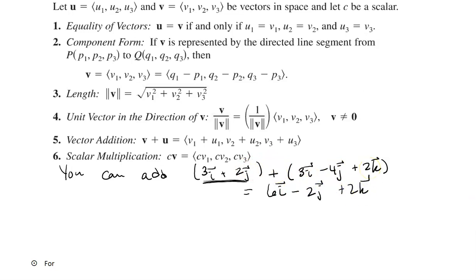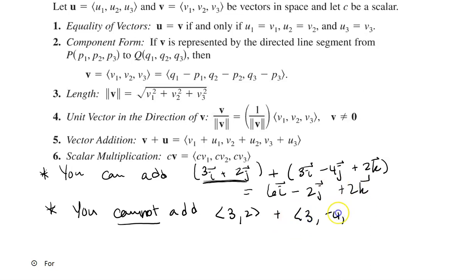Okay? But if you have something like this, you cannot add 3, 2 plus a 3-space vector 3, negative 4, 2.